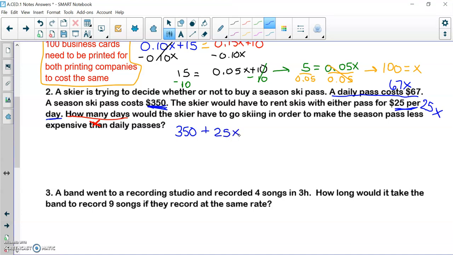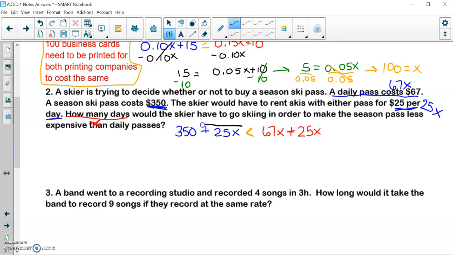I want my season pass, which is this in blue right now, to be less expensive, meaning I want it to be less than my daily pass, which is $67 every day. But I'm also renting skis with that daily pass, so that's an additional 25x. This is the correct setup. This is what I'm looking for when you are working to set up the equation or inequality.